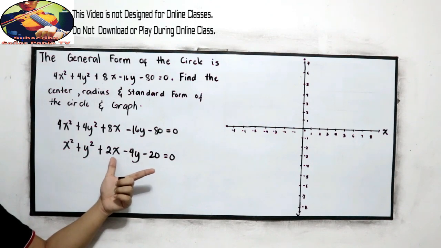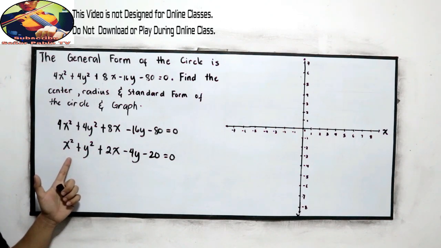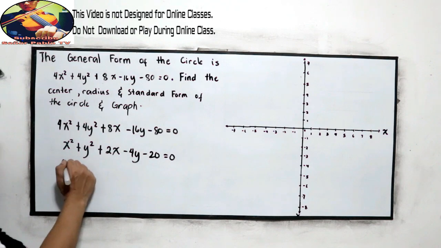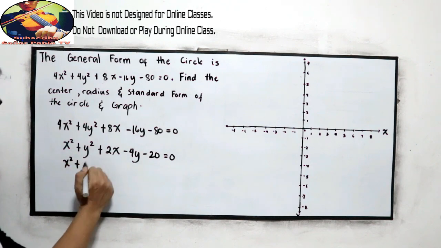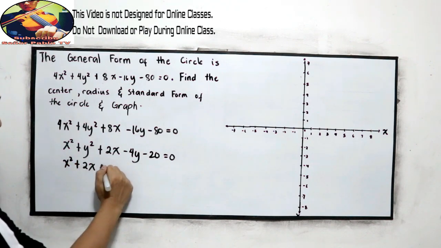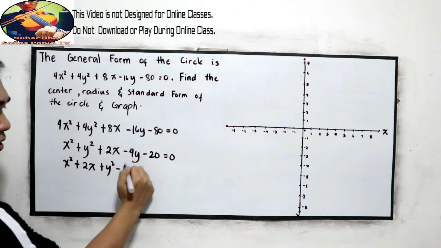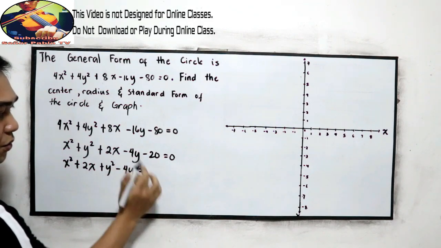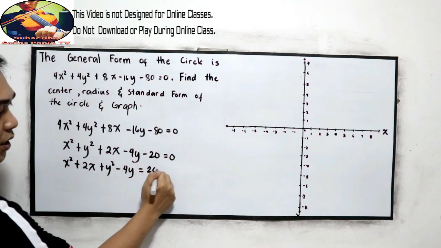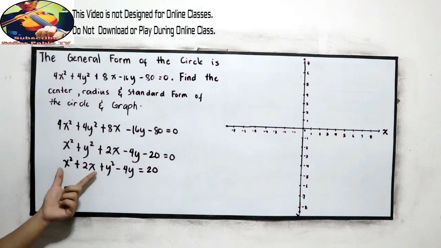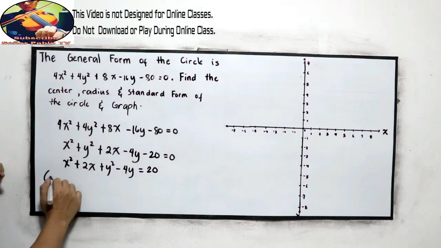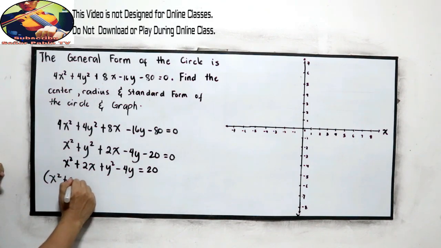Now, rearrange our general form. That will become x squared plus 2x plus y squared minus 4y is equal to positive 20. Make our expression a PST, or perfect square trinomial.